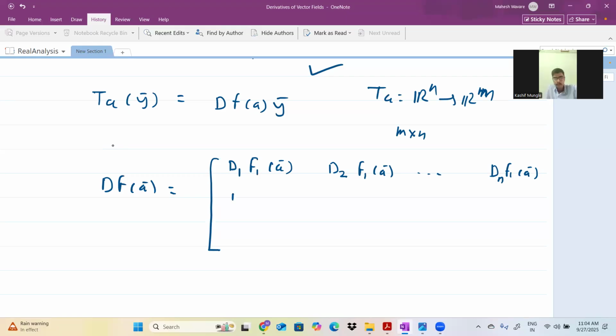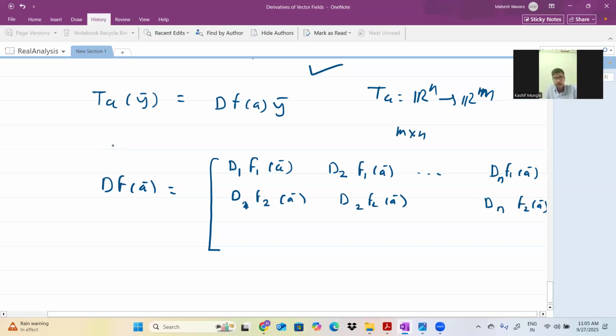Similarly, the second column is used for the derivative with respect to the second variable. So d2 of f1 a bar, d2 of f2 a bar, and dn of f2 a bar.